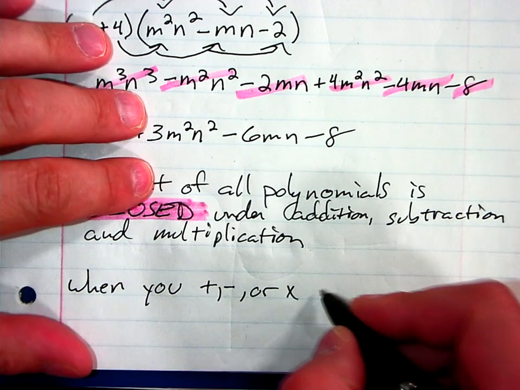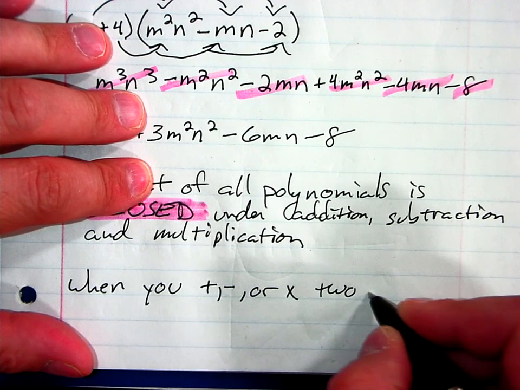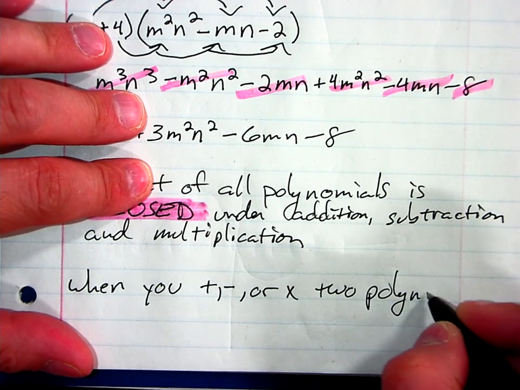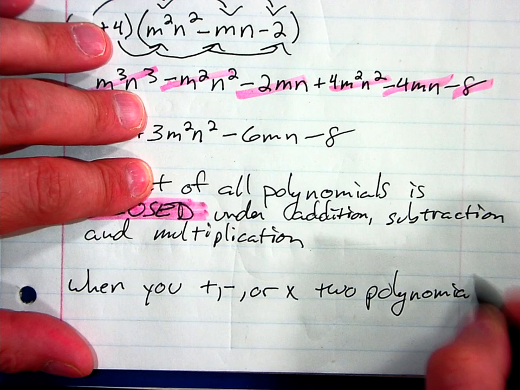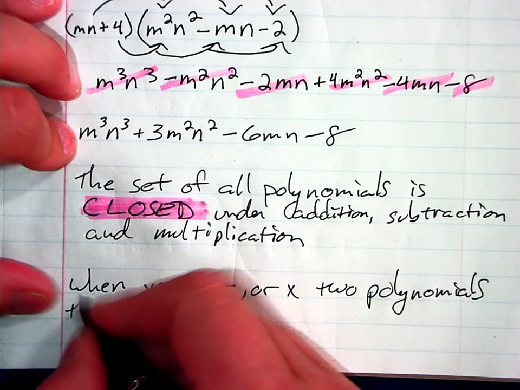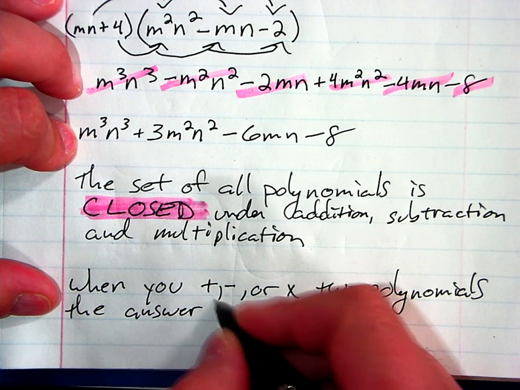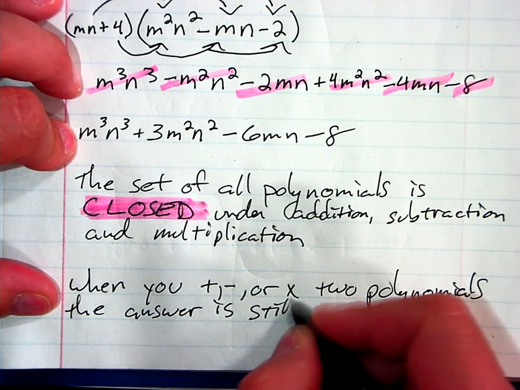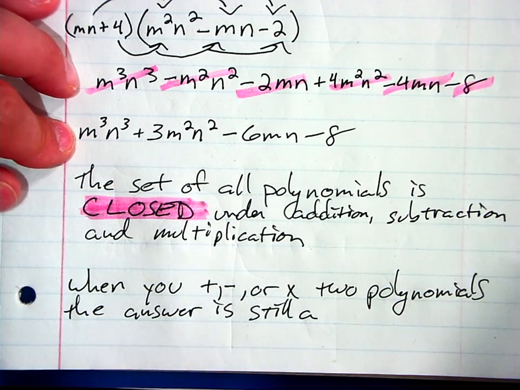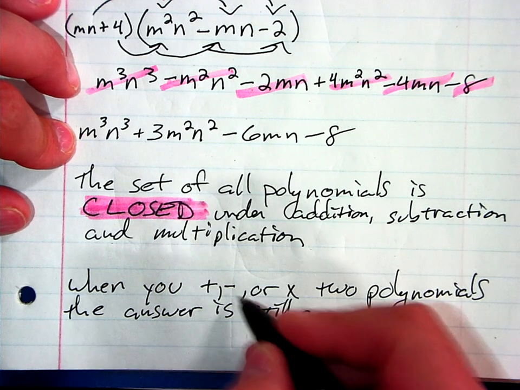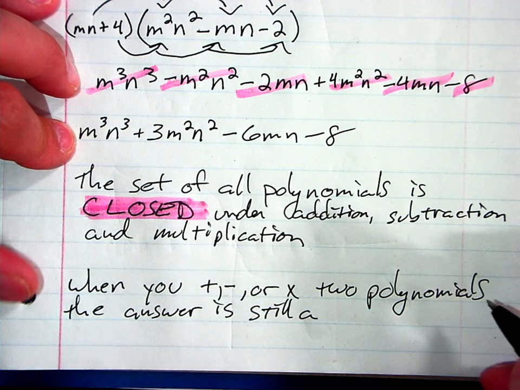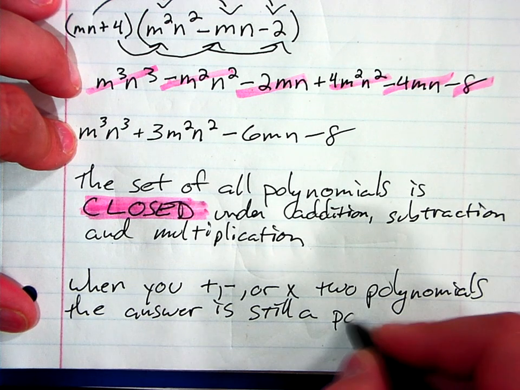When you add, subtract, or multiply 2 polynomials, the answer is still a polynomial.